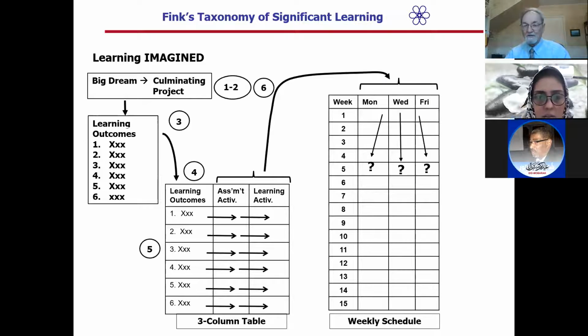You have to pay a lot of attention to the sequence of those activities so that they build on each other. It's not just topic 1, topic 2, topic 3, but you want them to feel, now that I've learned this, I'm in a good position to learn that. And once I've learned that, I'm in a good position to learn something else. So you want the whole course, within the units and within the whole course, to have this feeling for the students: I'm moving forward and I'm moving upward, higher levels of understanding, higher levels of ability, et cetera, et cetera.